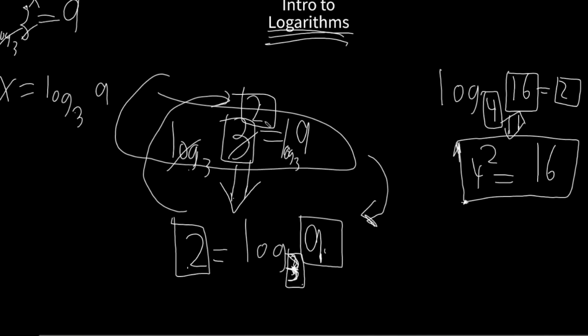And here's our pattern matching again. Our base 3 corresponds to the base of the exponent, like on both of these examples. Our 9 corresponds to what the exponential is equal to, also like on both of these examples, and our x is the exponent.